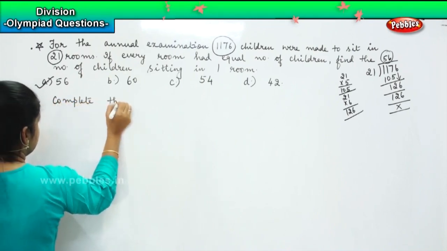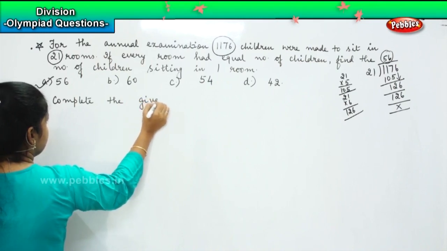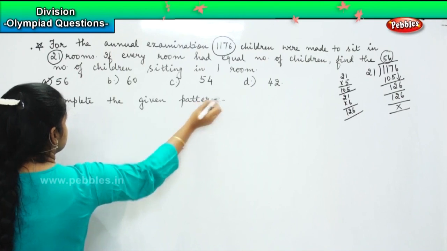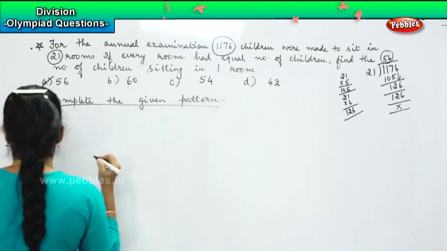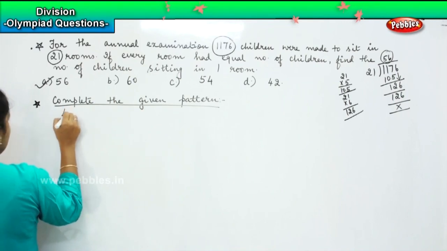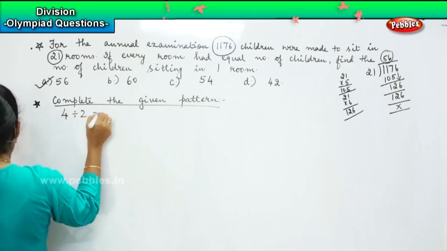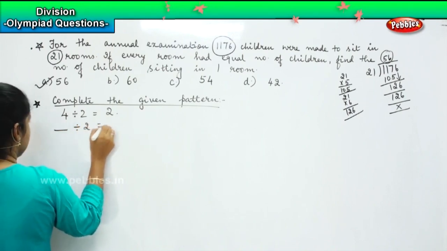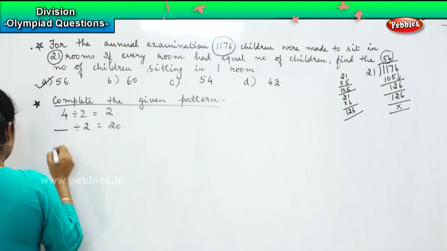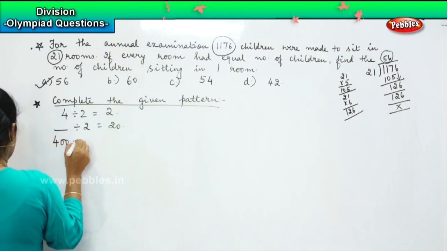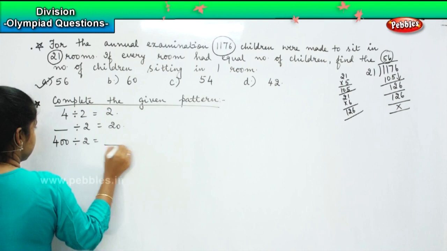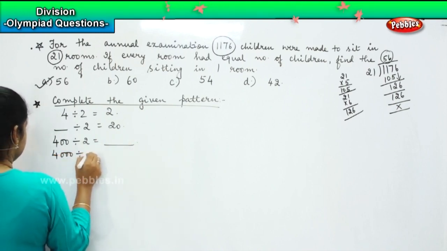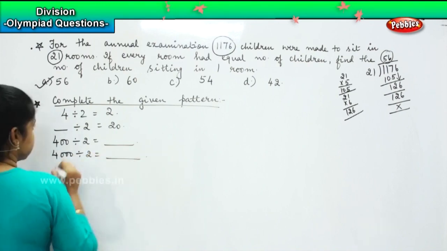Complete the given pattern. Okay, 4 divided by 2 equals 2, dash divided by 2 equals 20, 400 divided by 2 equals something, and 4000 divided by 2 equals something.